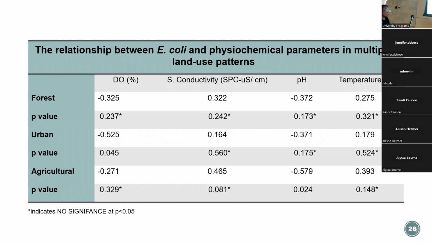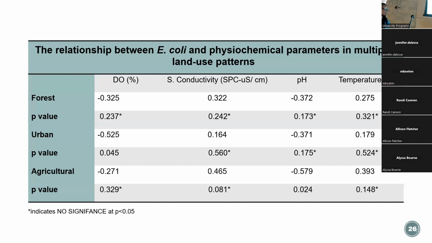And so in the past, there have also been reported water quality issues related to the variations in physiochemical levels, in heavy metal concentrations, and in organic compounds in this Flint Creek watershed. And so this study looks at the relationship between E. coli and the physiochemical parameters in the multiple land use patterns.